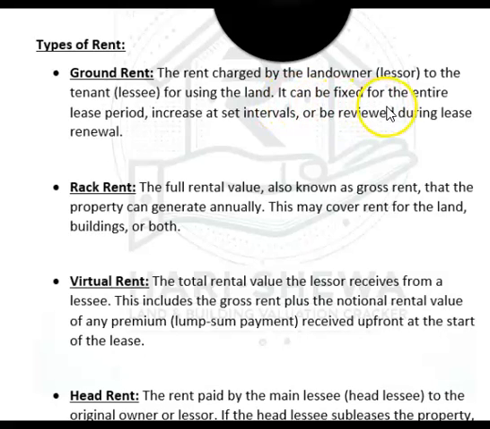It can be fixed for the entire lease period, increased at set intervals, or reviewed during lease renewal. Ground rent is the lessor charging the lessee.